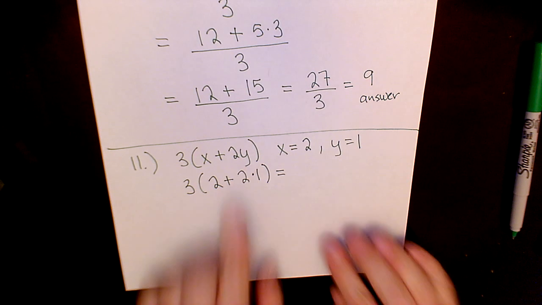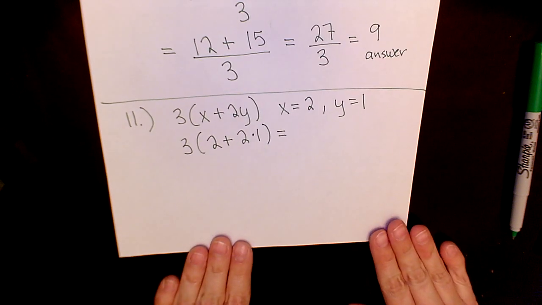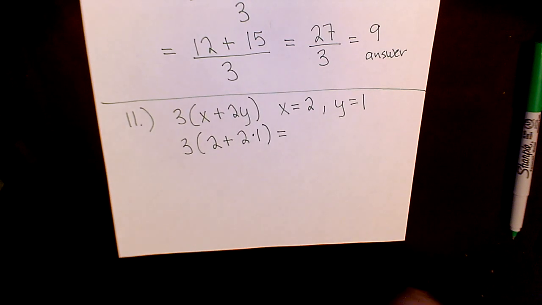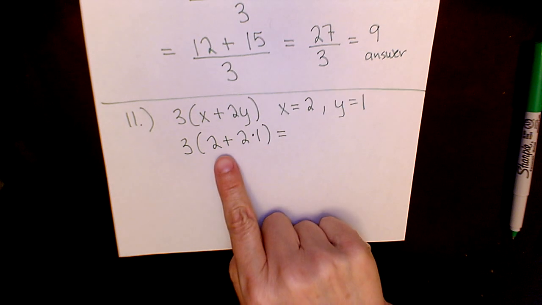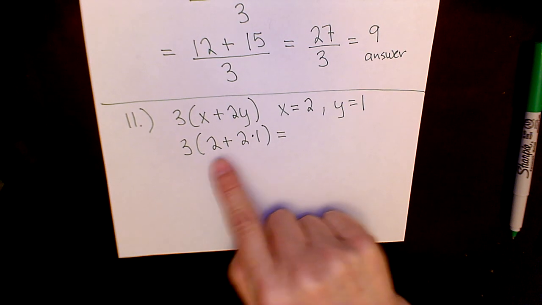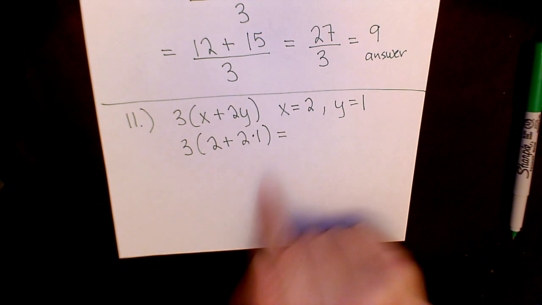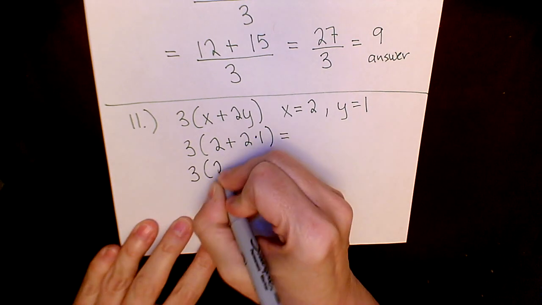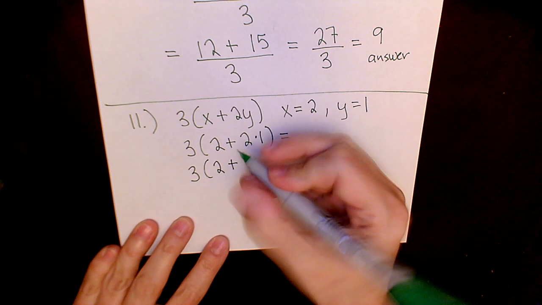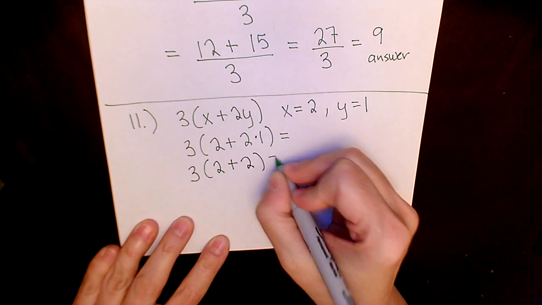Remember, because these are together, we are multiplying them. So x is 2 and y is 1. So inside the parentheses, if I follow PEMDAS, I'm going to do the 2 times 1 first, which is just 2.